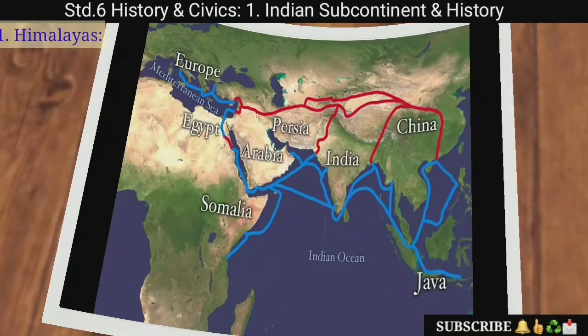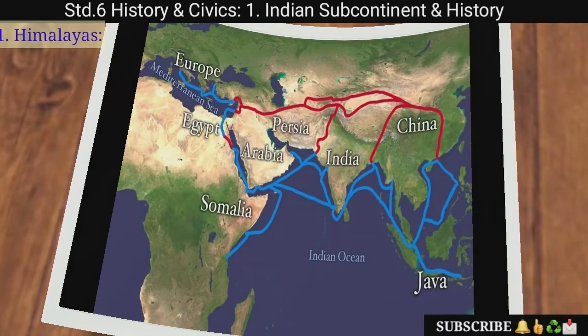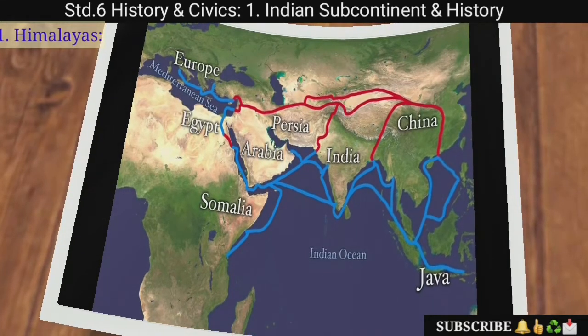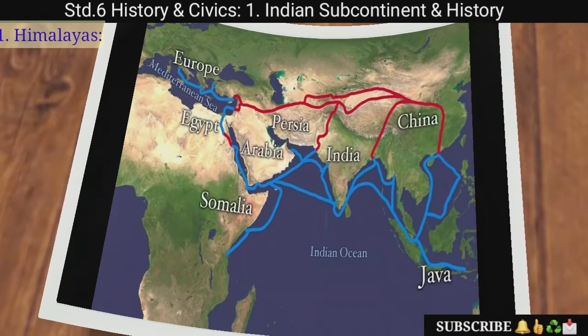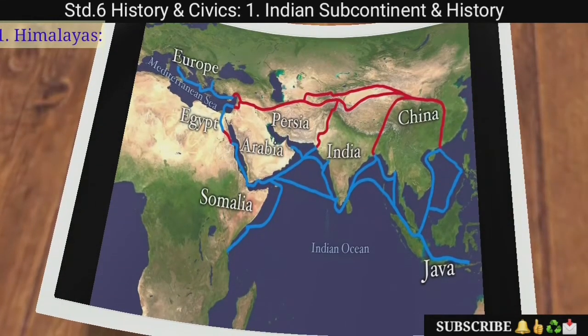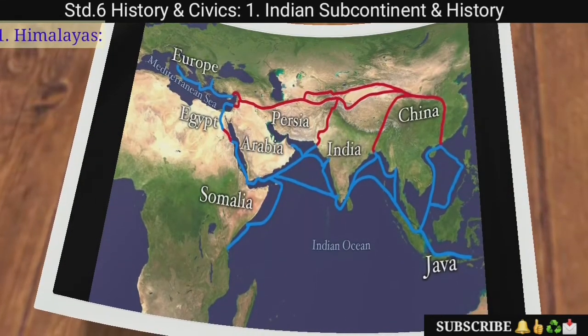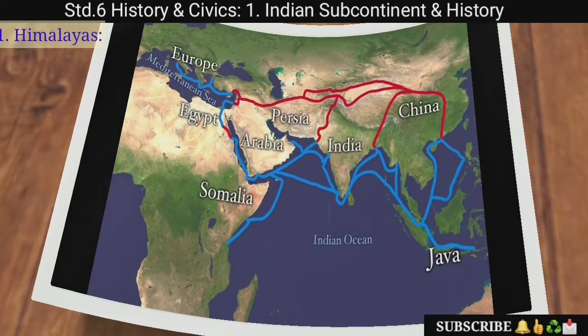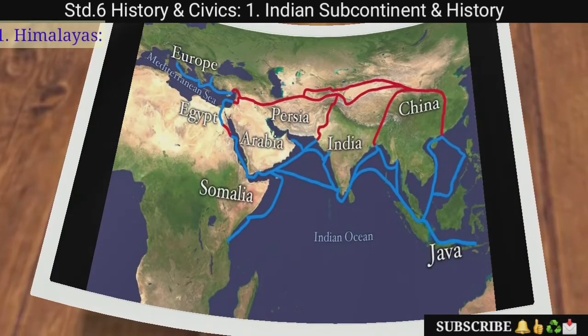However, there is a land route from China, passing through Central Asia and reaching Arabia. It is known as the Silk Route or Silk Road because silk was the main commodity exported to the Western countries using this road.